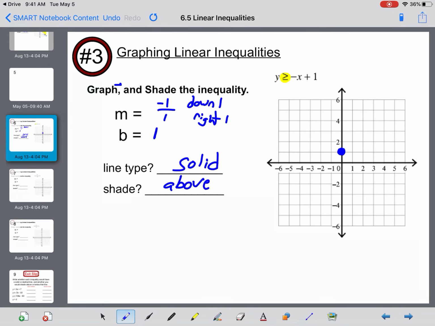And my slope tells me to go down 1, right 1. So this one is pretty easy. The corners all the way through in both directions. Connect them. Put our arrows on the end. And shade above.